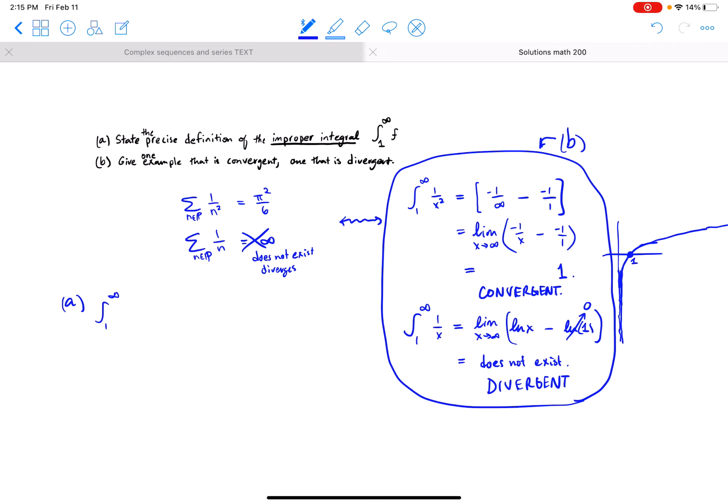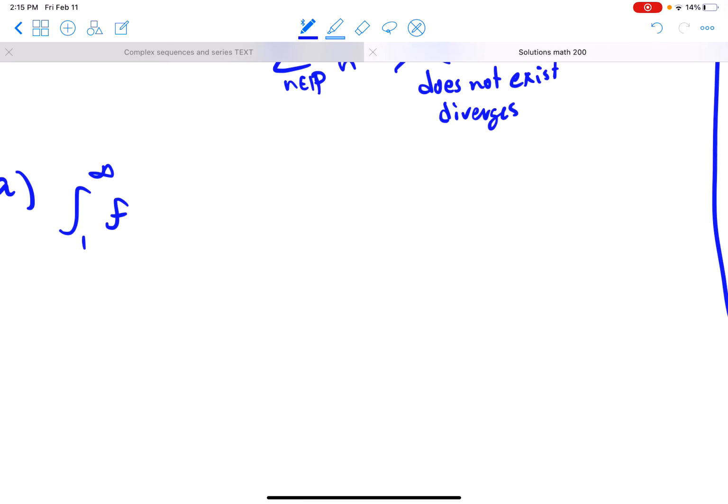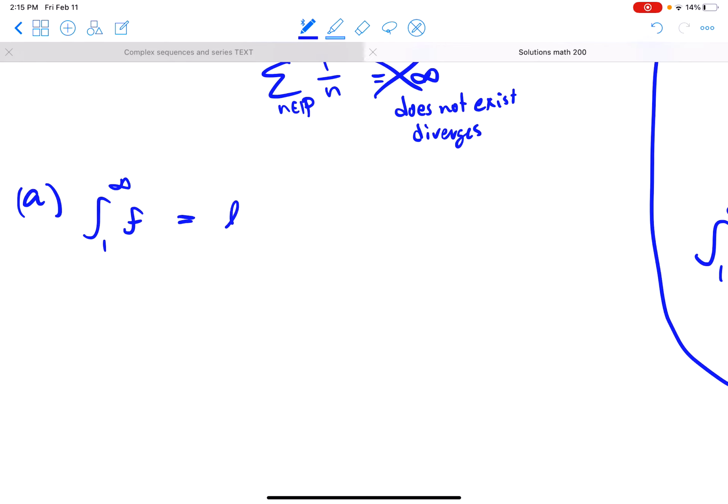The integral from 1 to infinity of a function f is defined to be the limit as, well, we can go from 1 to b, some real number b, of f of x dx, and compute this integral. This will be just a finite number. So we're assuming that the function f actually makes sense to integrate, and we get a finite number.